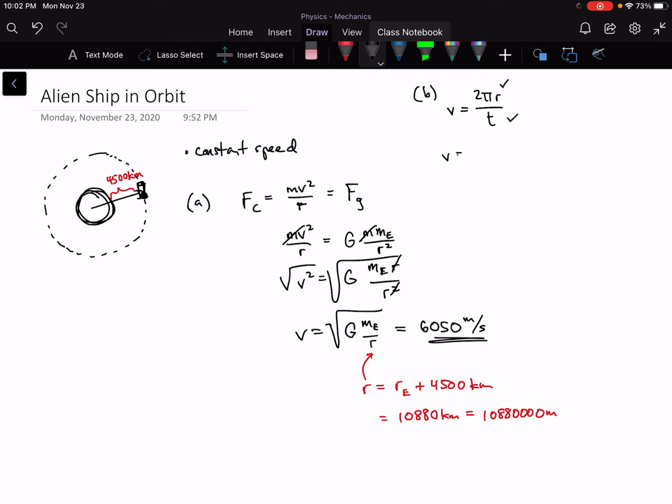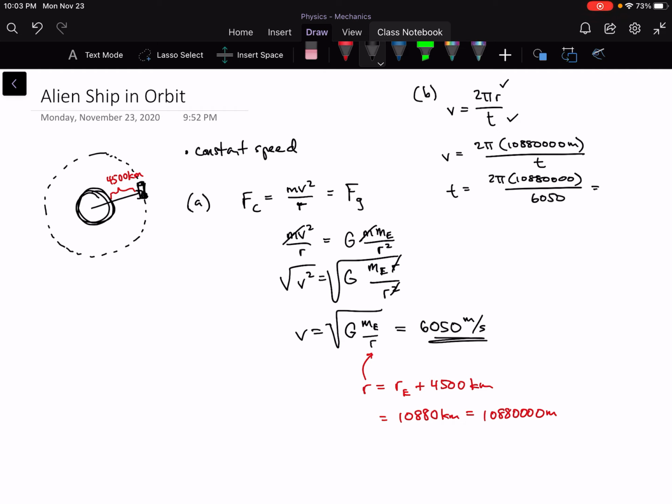So when we put that in there, and remember that this r again is the radius of the orbit, so be this large number of meters divided by time, and we multiply by time, we divide by v, and we get, well, I could put this in scientific notation, I suppose, but we'll just go with it for here.